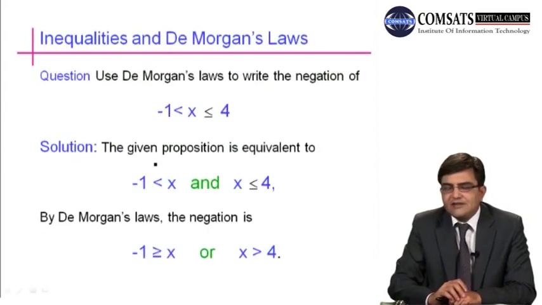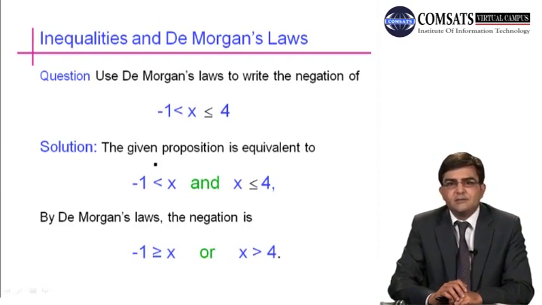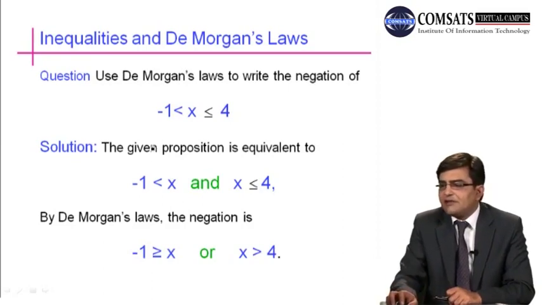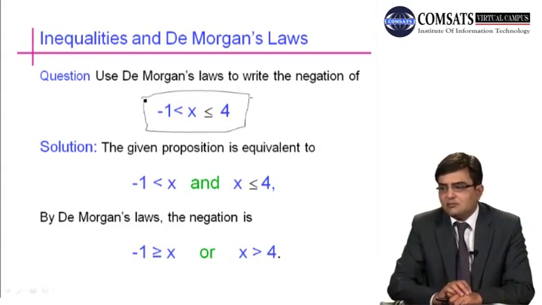Next, I take an example from mathematics which involves inequality. How will we apply De Morgan's law on inequalities? For example, if we take this inequality, minus 1 less than x less than or equal to 4, you have seen such types of relations or expressions frequently in mathematics.